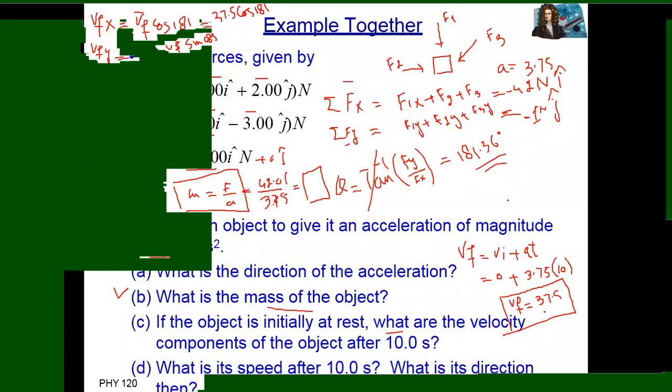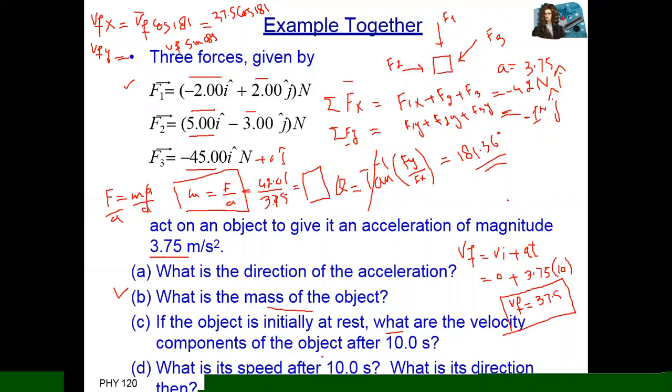What is the last part? The last part is the speed after 10 seconds. So we need to find the speed. For speed, you need what? You need the absolute value of velocity. We have the velocity's two components, Vfx and Vfy.